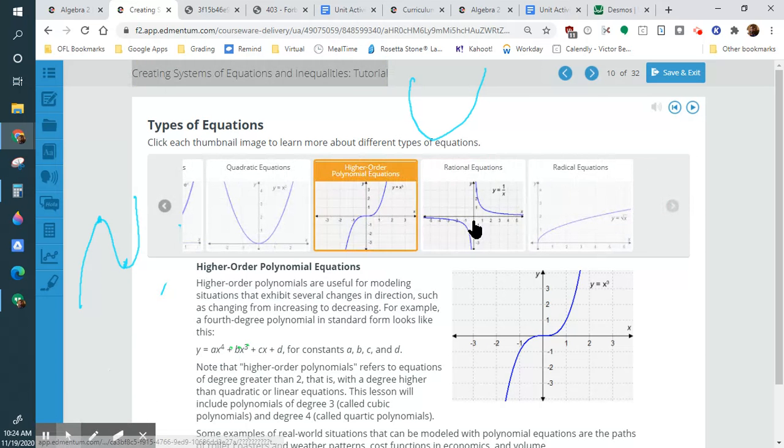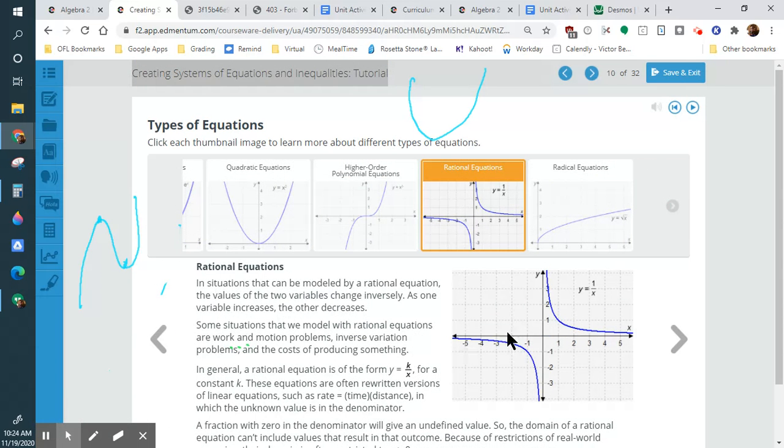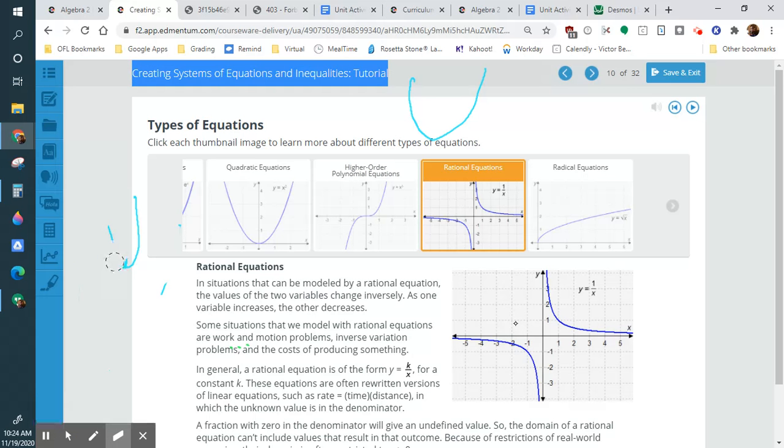Going to the next one, you have rational functions. So when you have a fraction, I don't know if I've really gone over why it looks like this, but think of it this way. In between this 1 and this 0 are fractions, right?